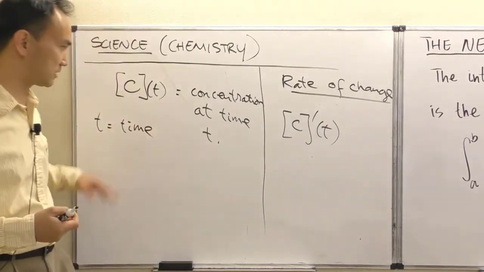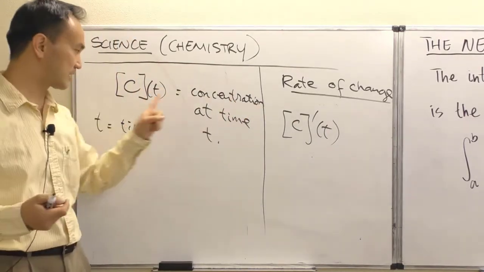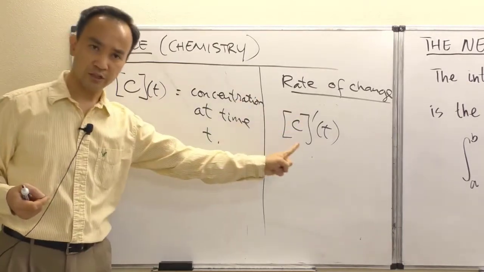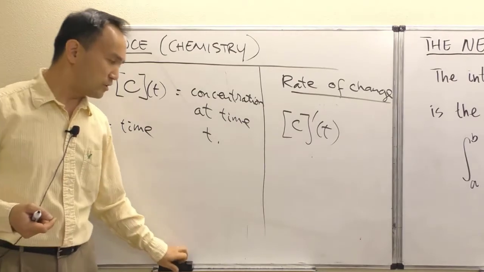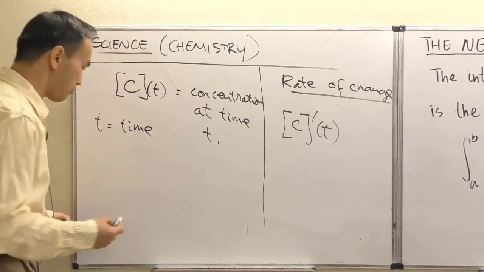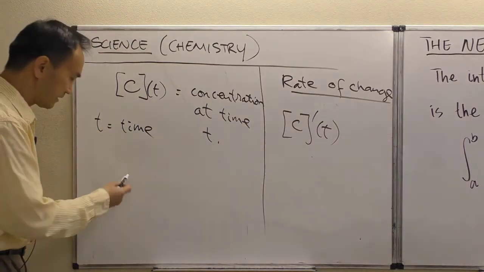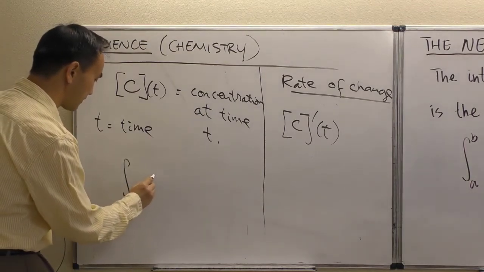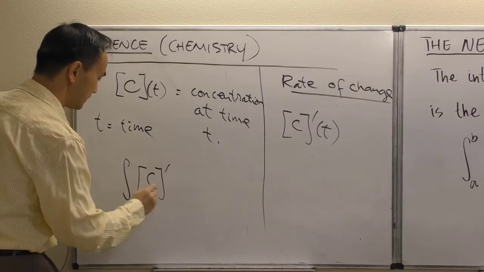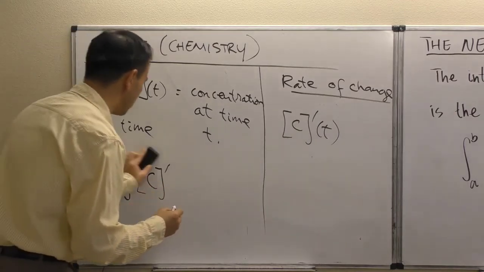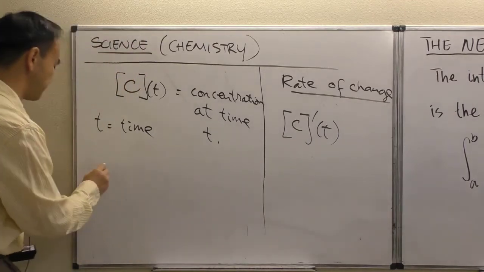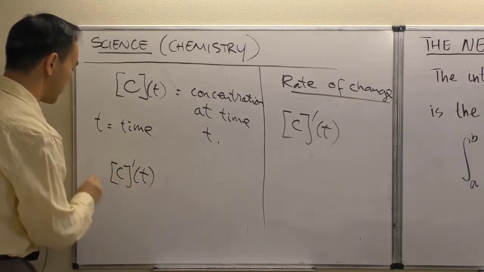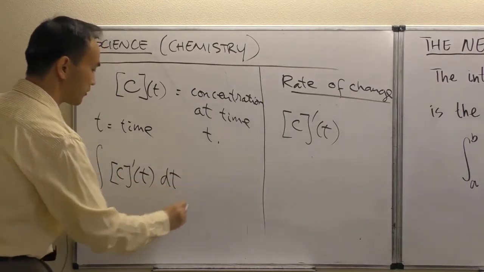So the only relationship we need to know here is that there's amount and there's rate of change. There's the function, and there's the derivative. And again, there's that famous problem: if we take the definite integral, let's say we know the derivative of our concentration function.